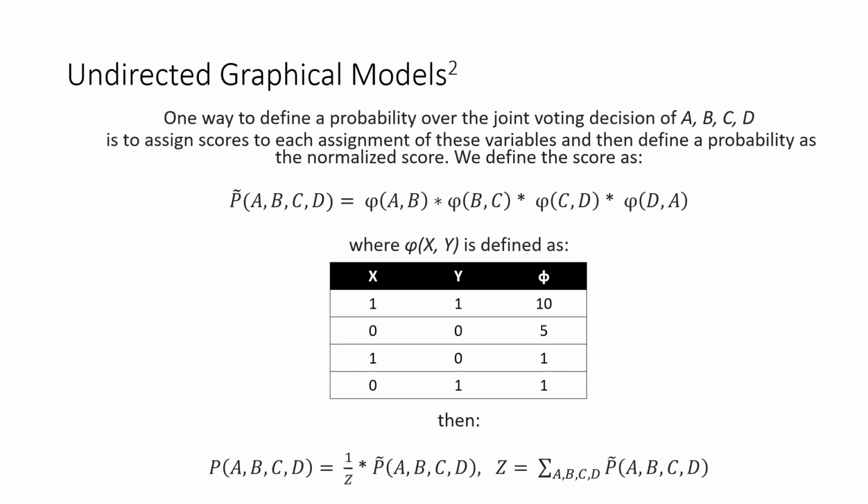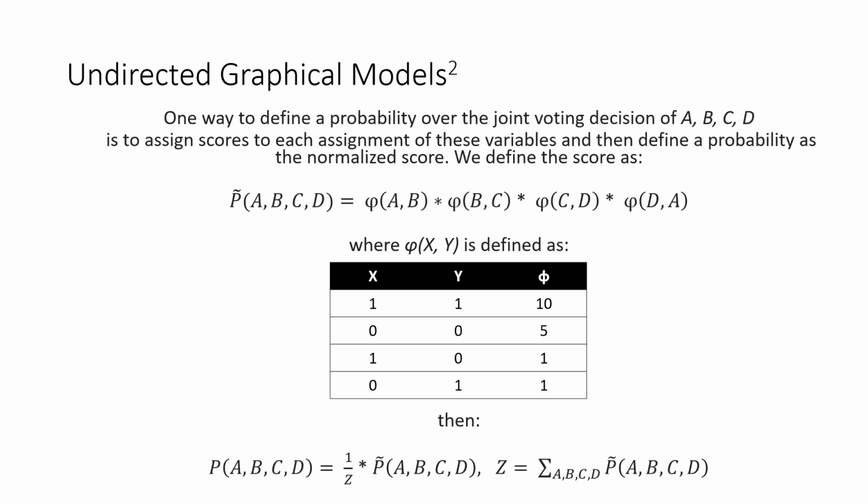I call it P tilde, just to say that this is the unnormalized distribution. We haven't put in the normalization constant. These potential functions are one for every clique, and they try to quantify this relationship, how strong it is.